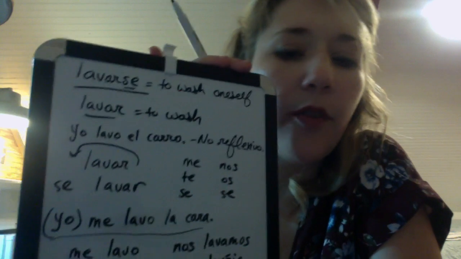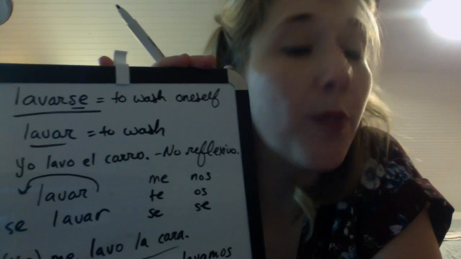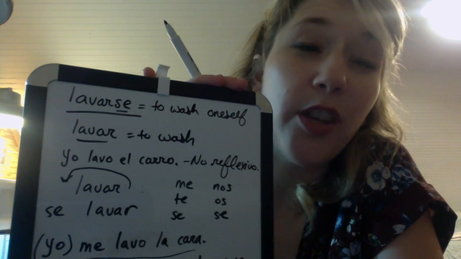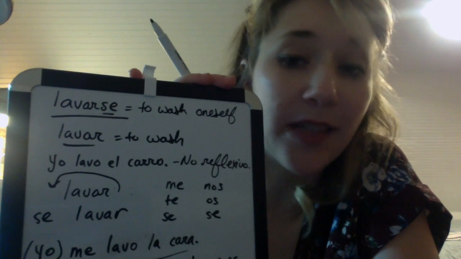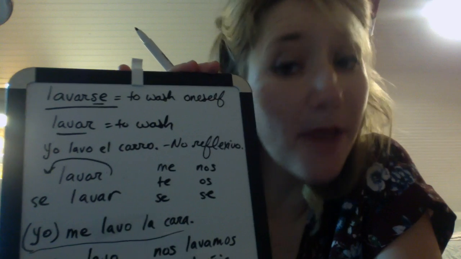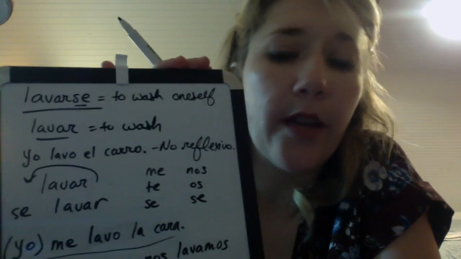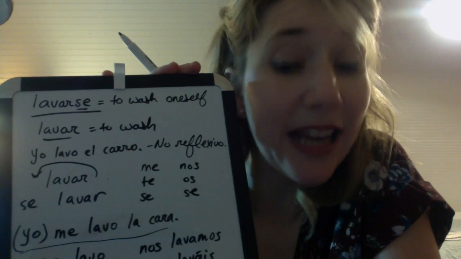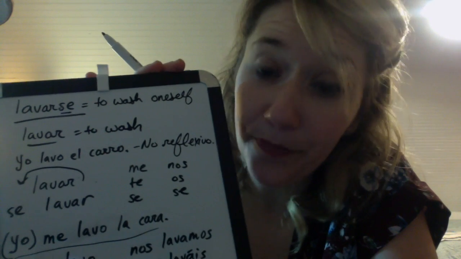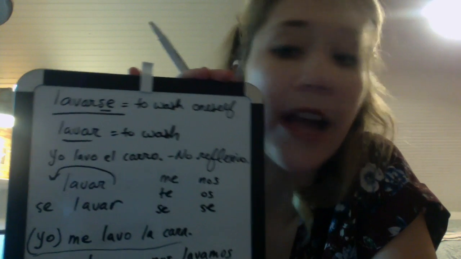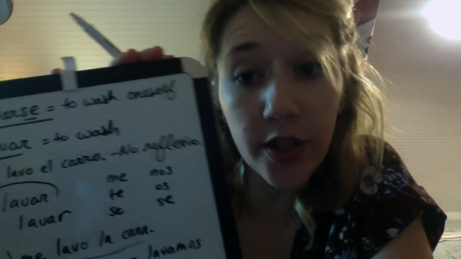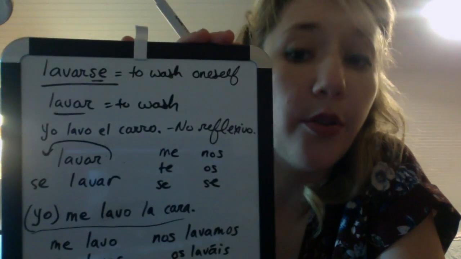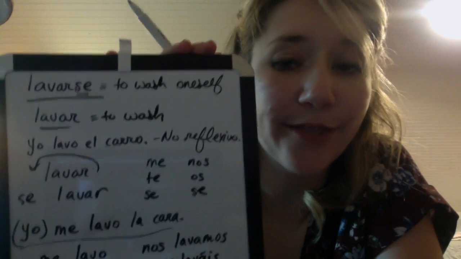Okay, so yo me lavo la cara, or if you wash your teeth, yo me lavo los dientes, or if you wash your head, which is what you say for hair, like you don't wash your hair in Spanish, you wash your head. Yo me lavo la cabeza, or whatever. Or if it was in the tú form, if I said, do you wash your hair? ¿Tú te lavas la cabeza? Again, it's la cabeza, not tu cabeza, because if you're washing yourself, then we know whose head, hair you're washing.